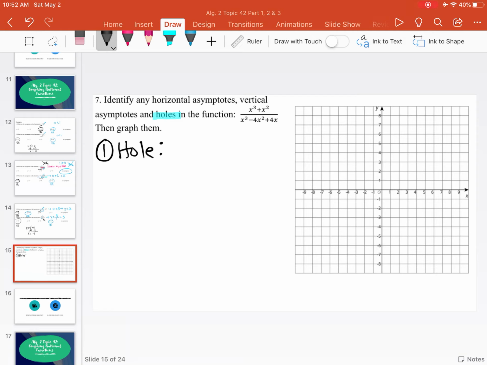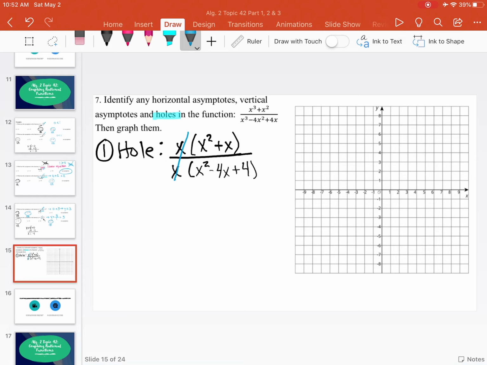In both the numerator and denominator, I can factor out an x. And in the numerator, I'm left with x squared plus x. And if I factor out an x in the denominator, I'm left with x squared minus 4x plus 4. Now, could I factor this function even further? Yes. However, the only common factor that they both share is x.